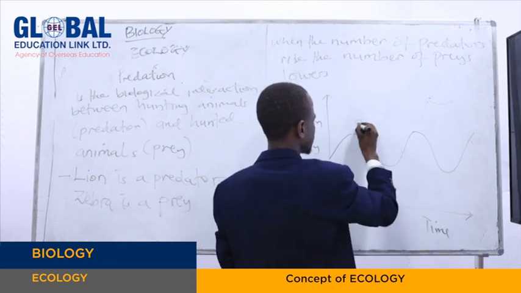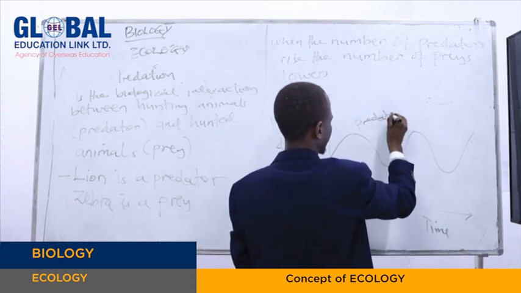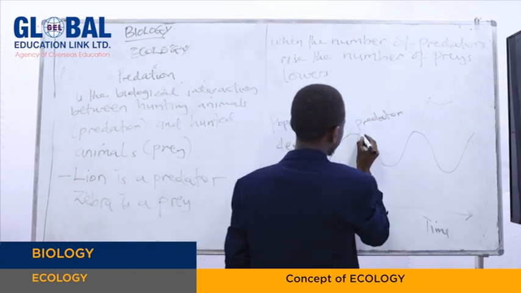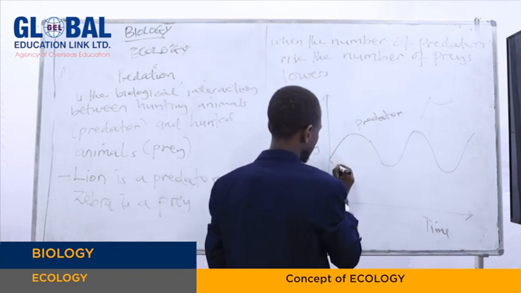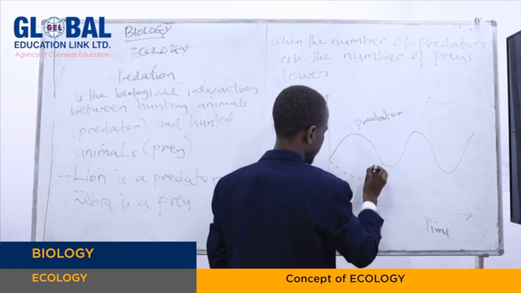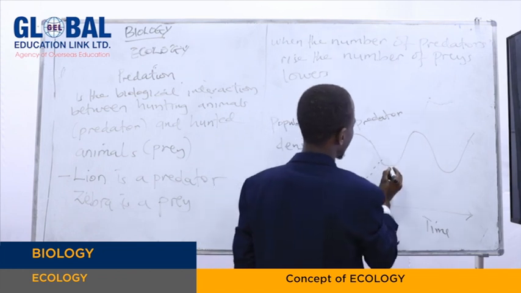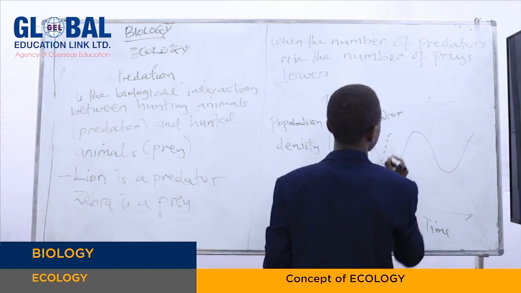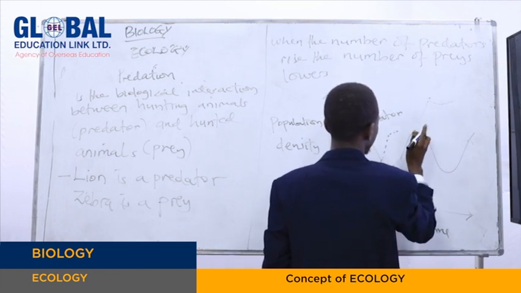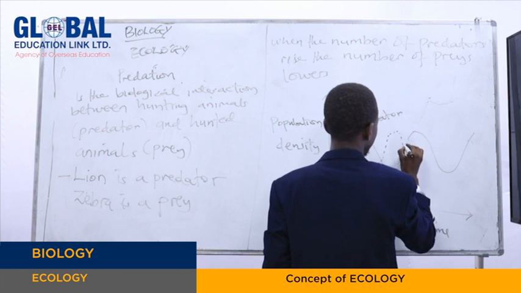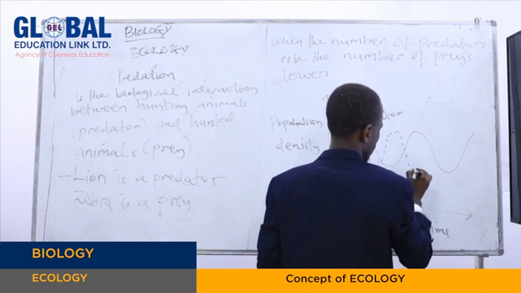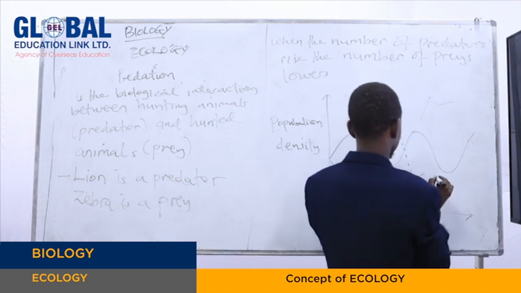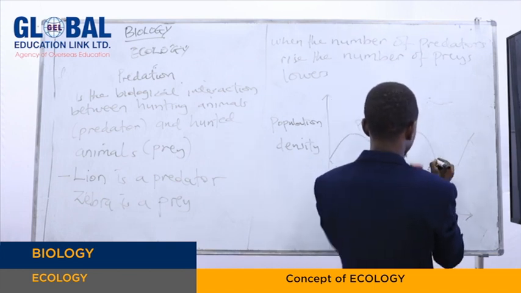Let's say this is a predator. My student, when the number of predators rises, the number of prey is lowered. But when the number of predators is lowered, the number of prey increases. When the number of predators is high, the number of prey decreases. When the number of prey is low, the number of predators increases.